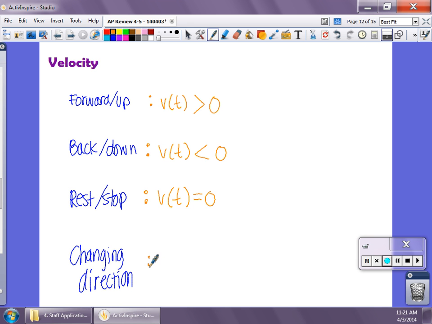And this is where we were not allowed to say it is positive, it is negative. You have to say velocity is positive, velocity is negative. You have to say what it is because we talk about so many functions. Ruth, changing direction, definition. Change of sign and 0. Yeah, we want to use both. So velocity is 0 and I'm going to even write it v of t changes sign.